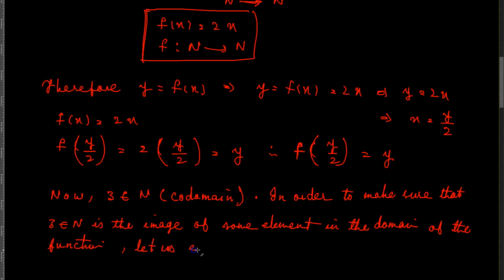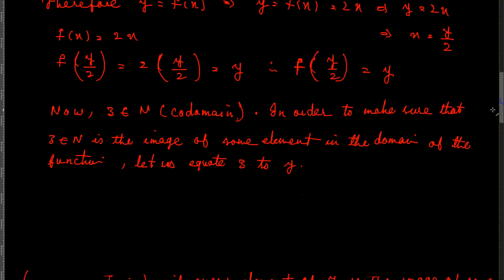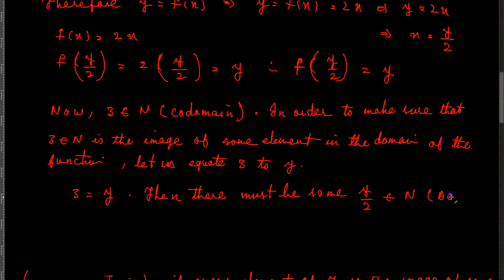let us equate 3 to y. So if I write 3 is equal to y, then there must be some y divided by 2 belonging to n, the domain of the function, which is the pre-image of 3 is equal to y.